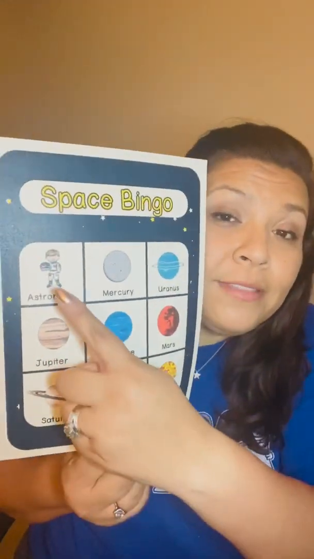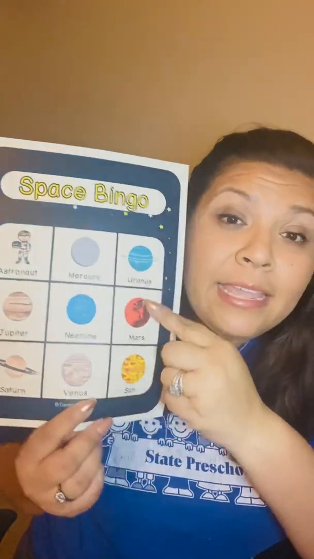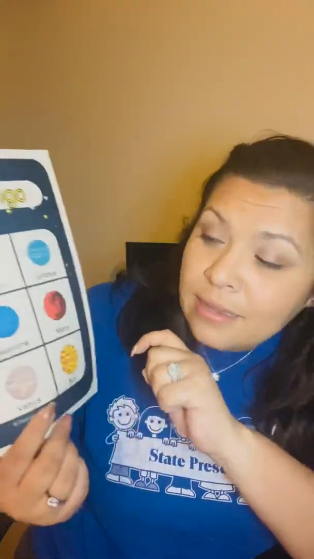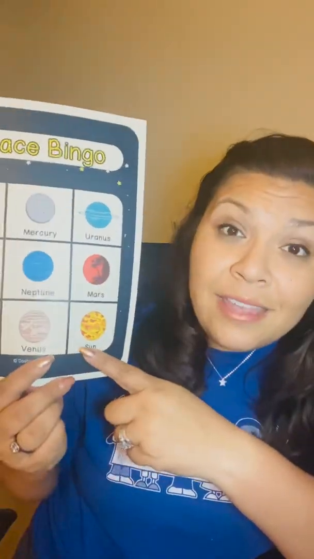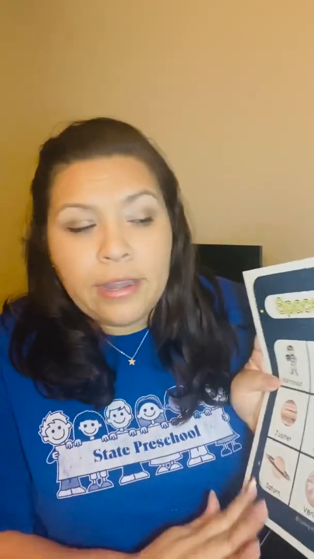So we're gonna have things that talk about space, like the planets, Mercury, that's this planet. Down here is the sun. And over here, it's a little astronaut. You're gonna get one of these also. They're gonna be different. Everybody's gonna get a different one. And we will play that Space Bingo game on Friday.